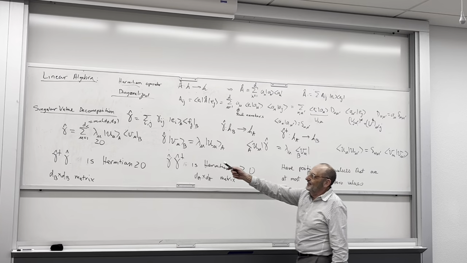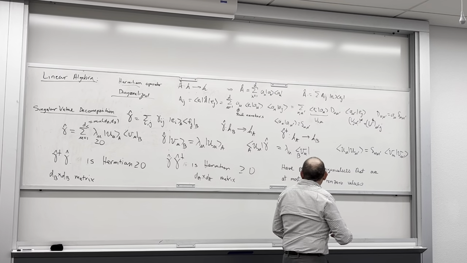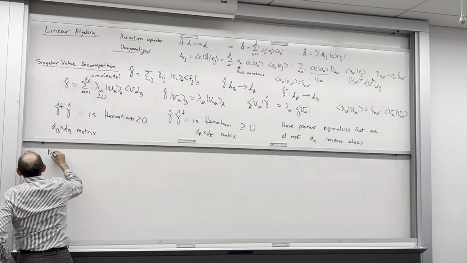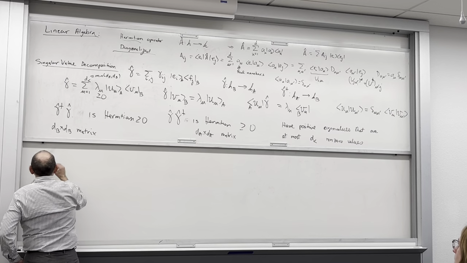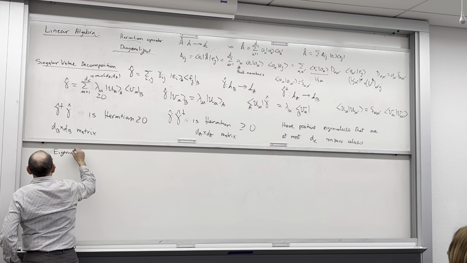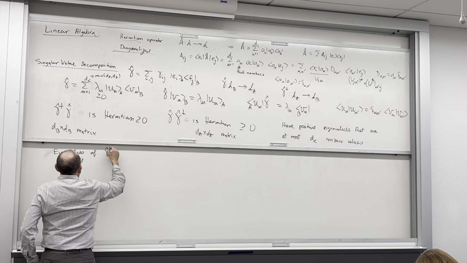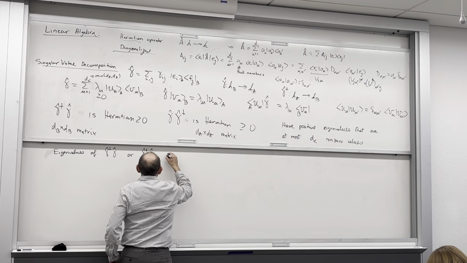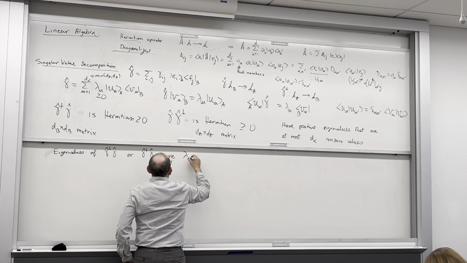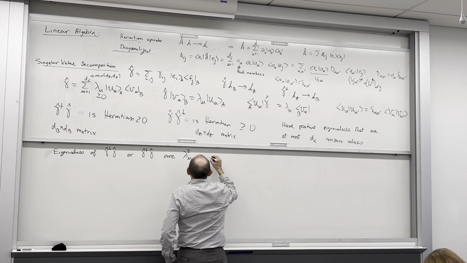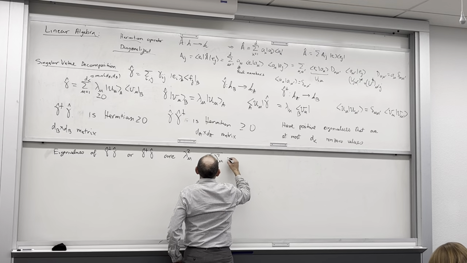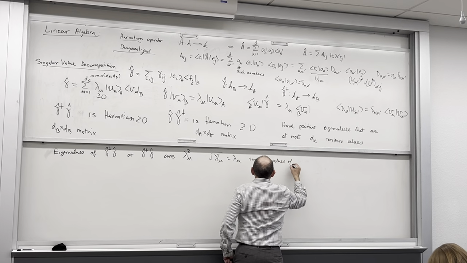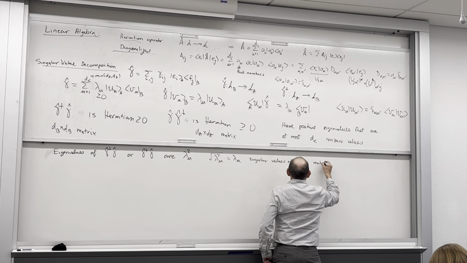So we can say the eigenvalues of this or this are the squares of these, and the square roots of these guys are called the singular values of the matrix.